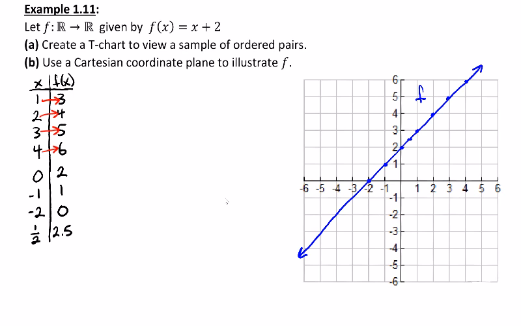So it really doesn't matter what value I'm picking from the real numbers for that first column. Every time I map it to something, it only maps to one value. And none of the values in that second column are ever going to be repeated. So there's no way to create more than one arrow pointing to a single value. So this also tells me that I'm dealing with a one-to-one type mapping.